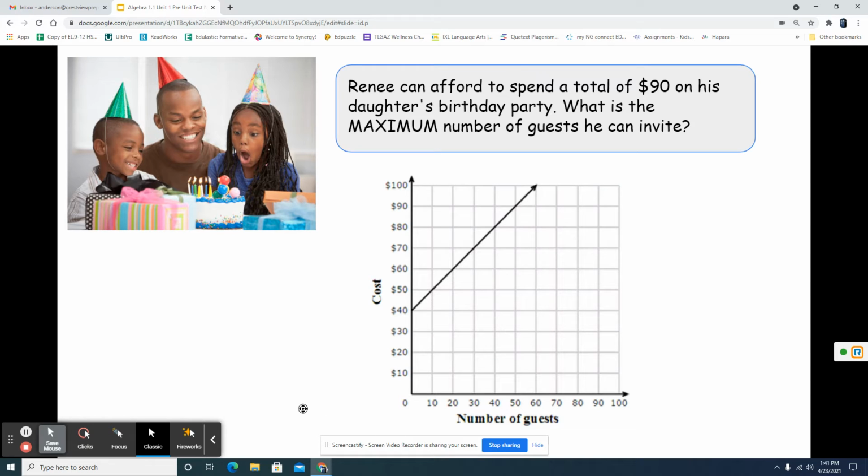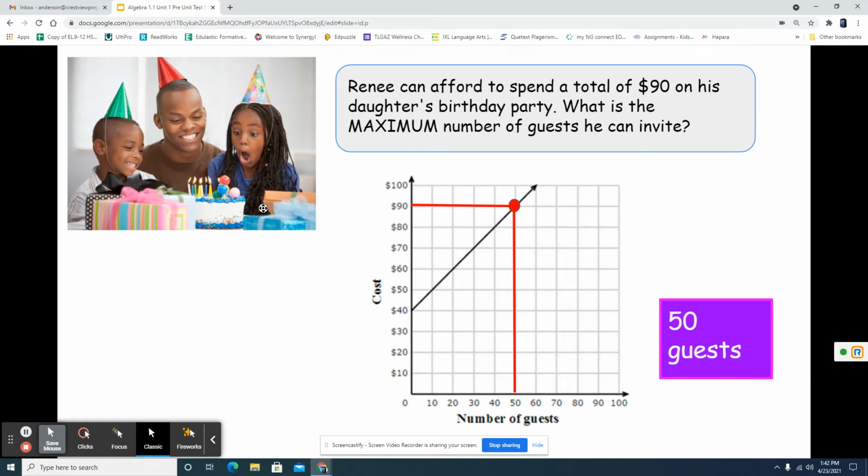That's how it's notated on the graph, but we want to know about $90. So you look at your costs, go up to 90. How many people can he invite? Take 90 all the way over to where you can see that function, put in your point, bring it all the way down. 50 guests.